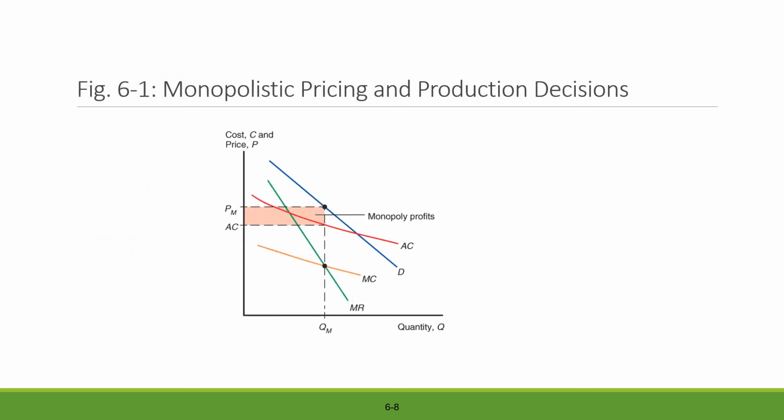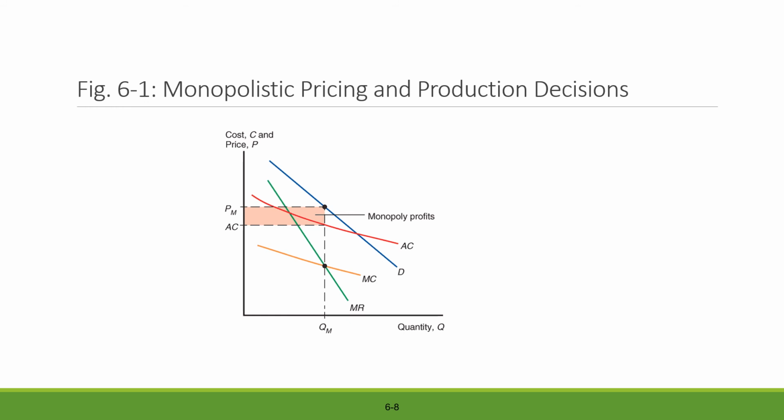Here is the graph for monopoly. The green line is the marginal revenue, whereas the blue line is the demand curve. In perfect competition, the blue and green lines are identical and horizontal, but in monopoly, both are downward sloping, whereas marginal revenue is much lower than the demand curve.